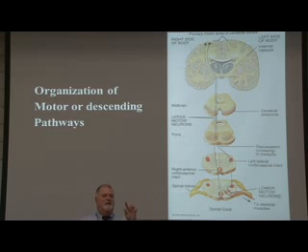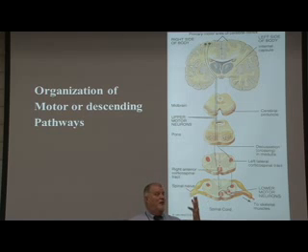So you're going to have a neuron cell body in the gray matter on the surface of the brain. So the reason why the cerebral cortex is highly folded with gyri and sulci is to increase the amount of gray matter on your brain.